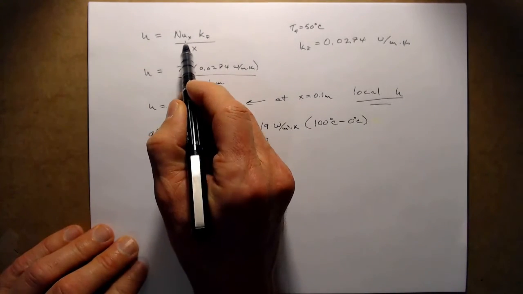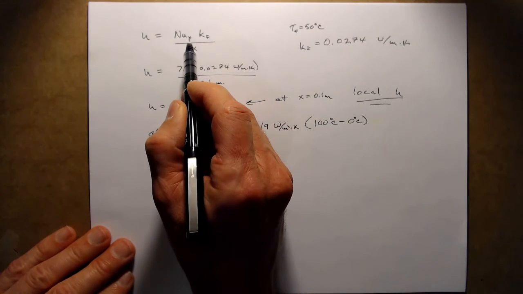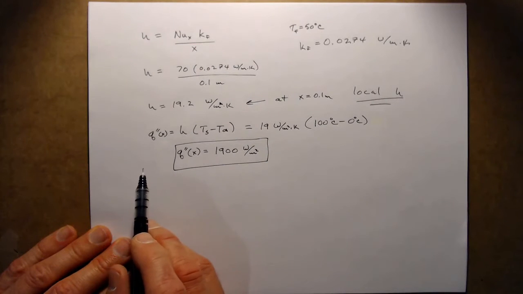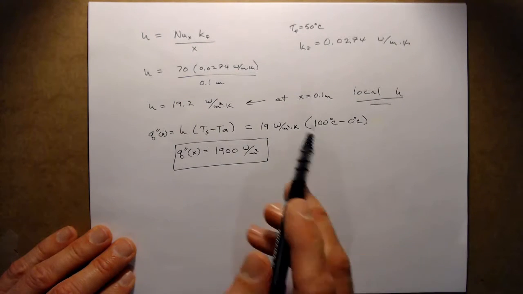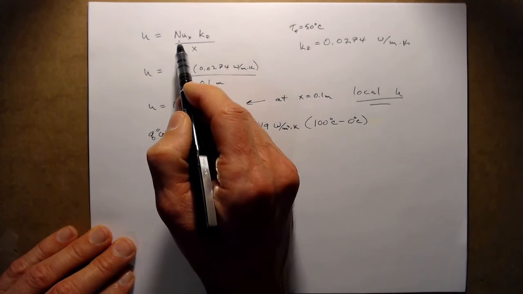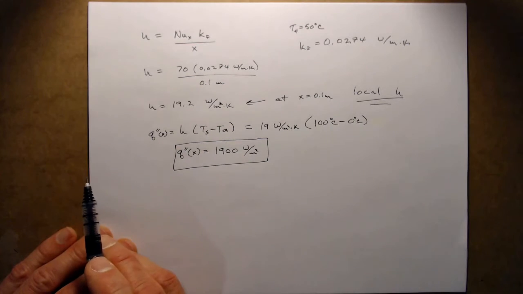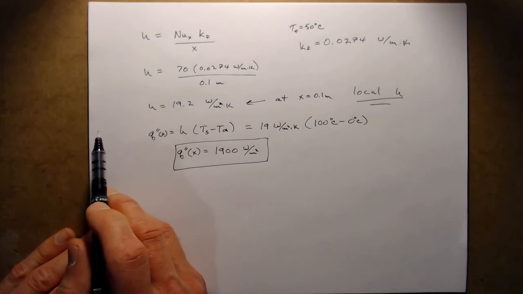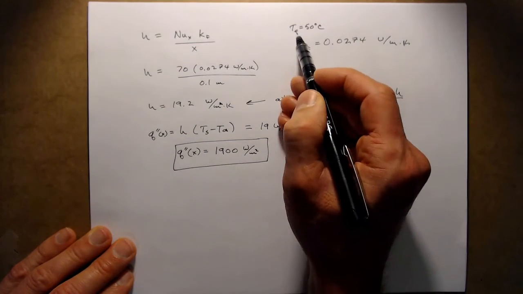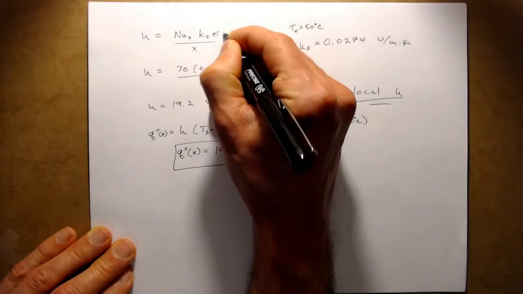Okay, so we've solved for a Nusselt number valid at position x. And so now to solve for the heat transfer coefficient, we just need to multiply that Nusselt number times the thermal conductivity and divide by the length scale, which in this case is just x. Again, at the film temperature, we can evaluate the thermal conductivity of the fluid.